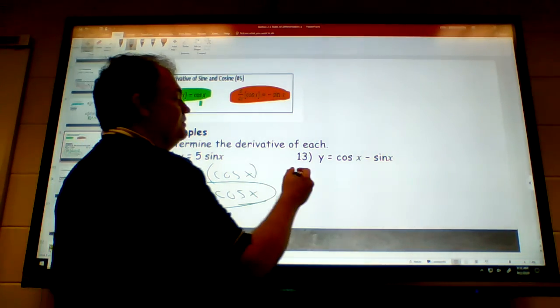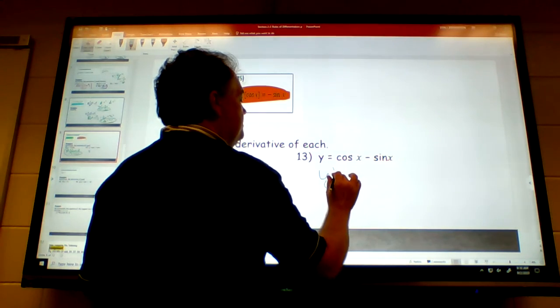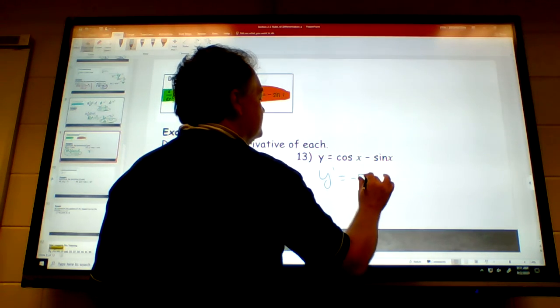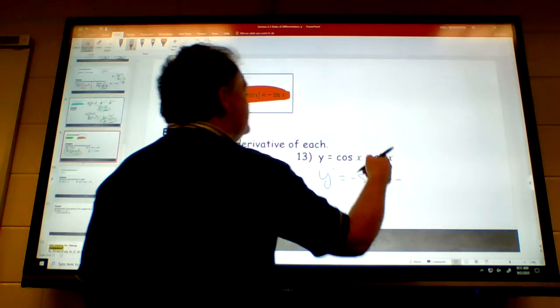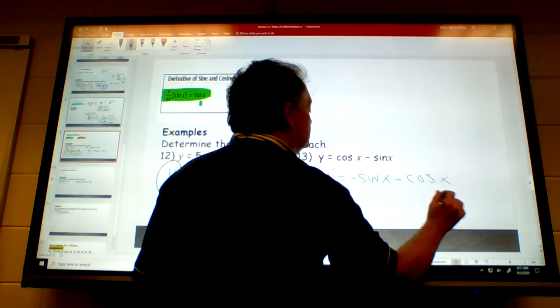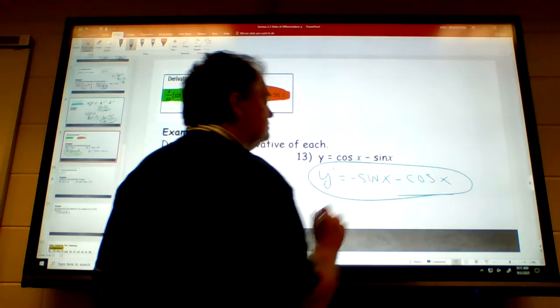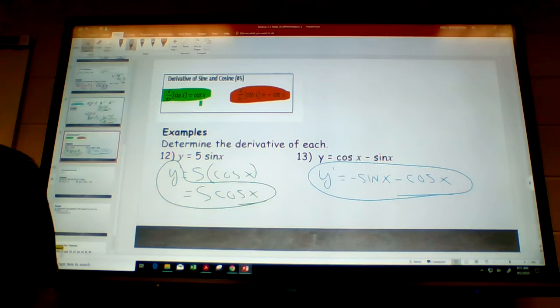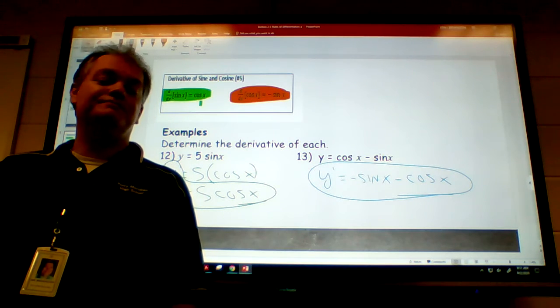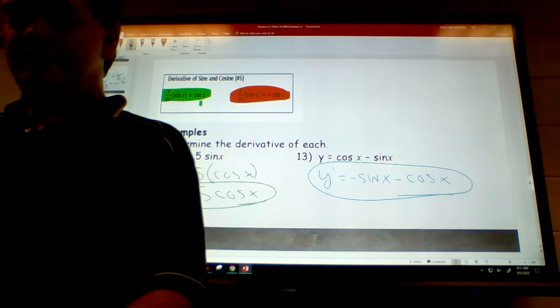And then for this next one, y prime is equal to derivative of cosine of x is negative sine x minus the derivative of sine of x is cosine of x. And there's a long reason why that is the case, but we'll discuss that here in the near future.